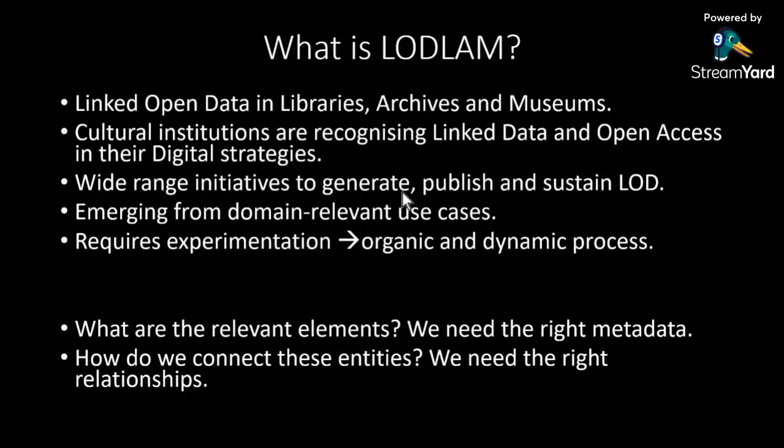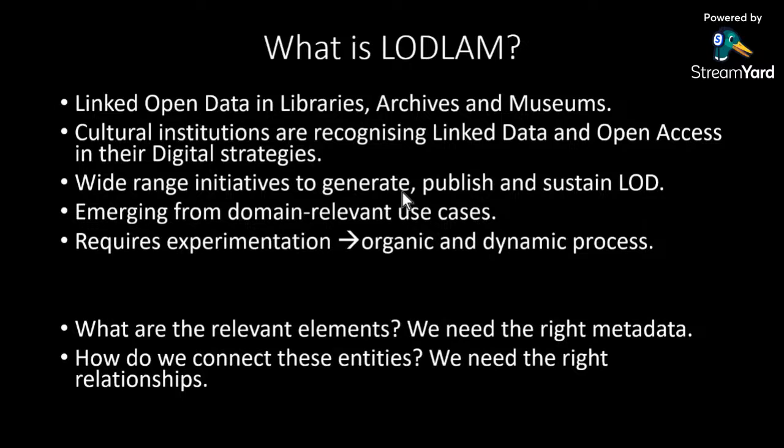Two key questions, though, when approaching this idea of the LOTLAM are: what are the relevant elements? Do we need the right metadata? So rather than trying to connect everything, we first need to see what is relevant to connect, and whether this information that we are going to be connecting is well documented, that the metadata is there for it to be connected.